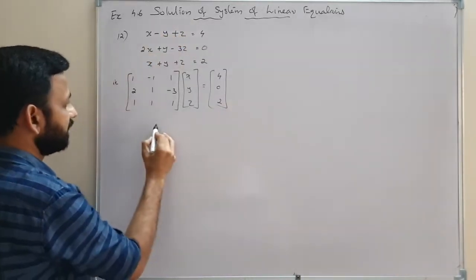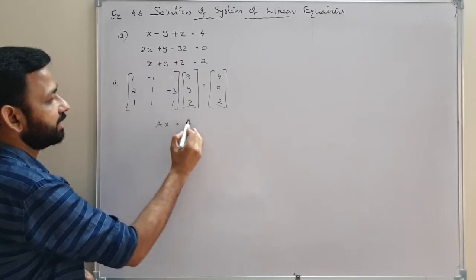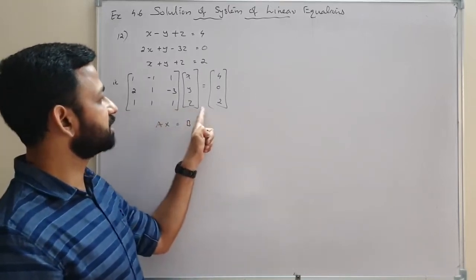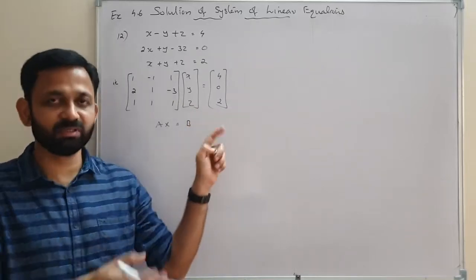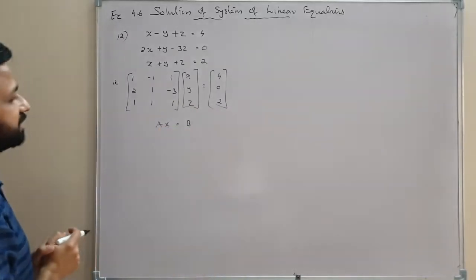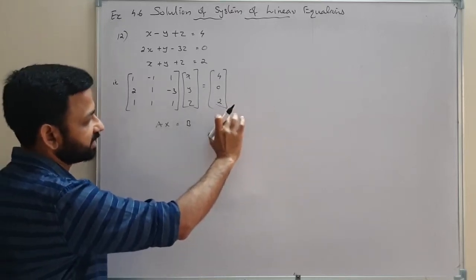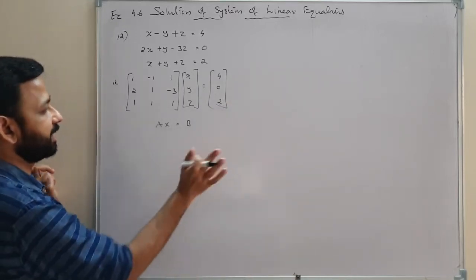You will write there AX is equal to B. We need to mention what A is, what X is and what B is.